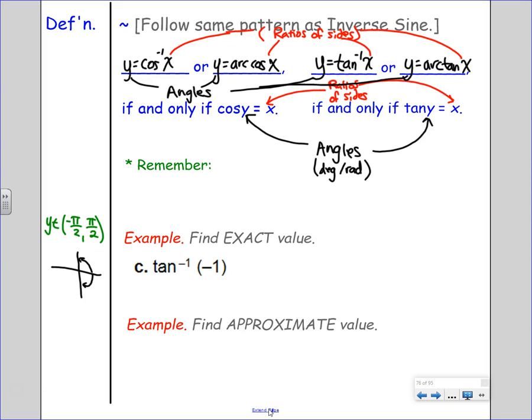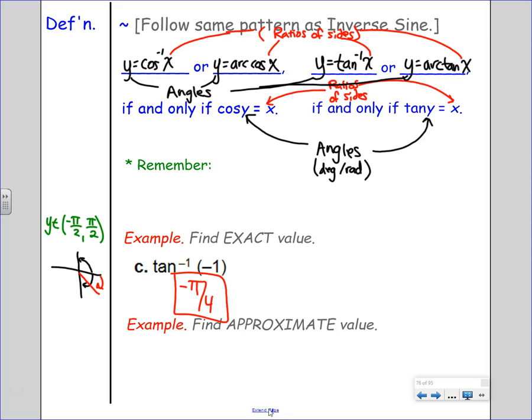Am I going to write it 7 pi over 4? No. How am I going to write it? Negative pi over 4. And if you were to do second tangent of -1 in your calculator in radian mode, you would get a decimal that equals pi over 4 times a negative. It is the one answer the calculator can give you.